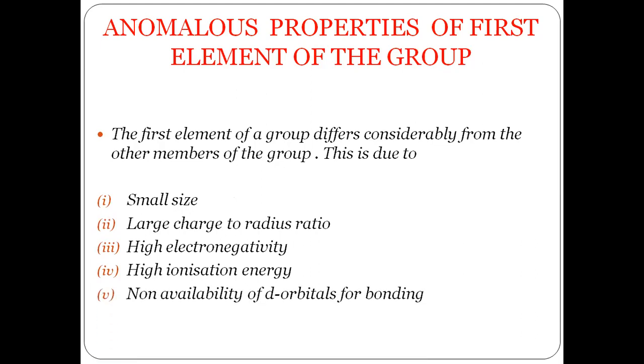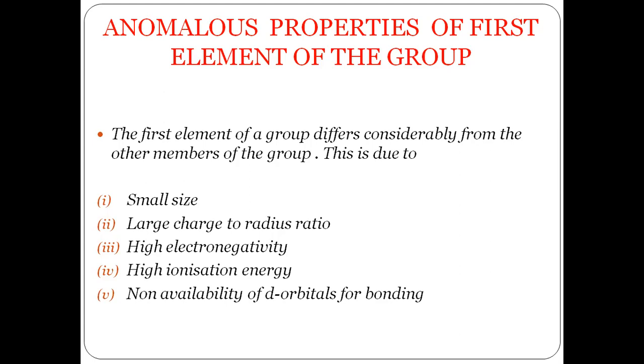And very important, they have non-availability of d orbitals for bonding. Remember that we are talking about second period elements, principal quantum number 2. For the second shell, we do not have a d subshell. We have s and p subshells. As a result of this unavailability of vacant d orbitals in the atoms, they cannot expand their valency, they cannot expand their octet, whereas other elements of this group can do that.